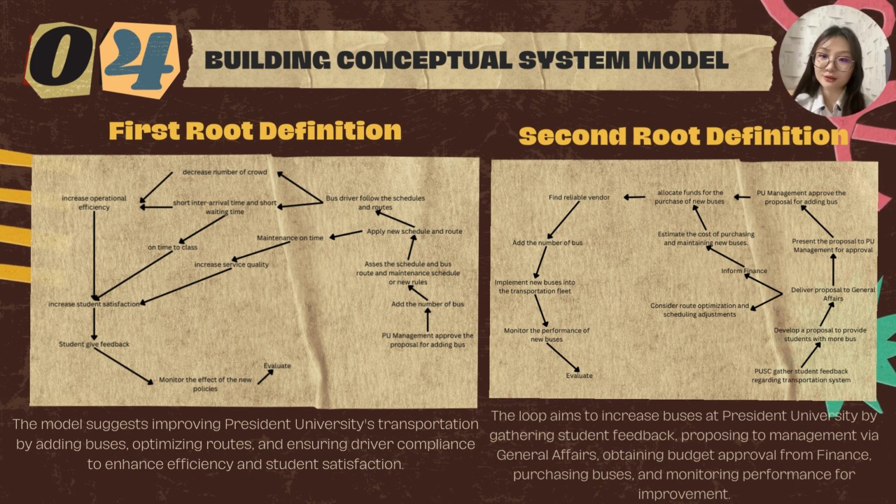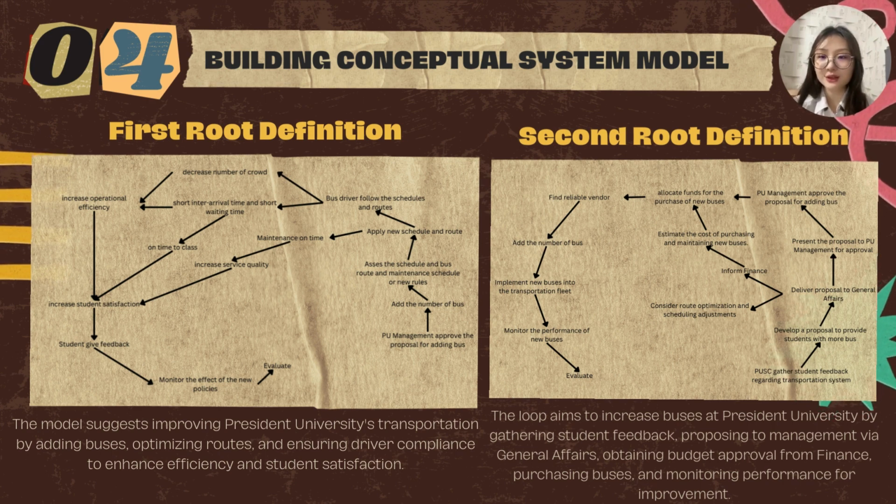Following the decision to add buses, the model emphasizes the importance of conducting a thorough evaluation of various components within the system, including schedules, bus routes, maintenance protocols, and driver regulations. Through this, stakeholders can gain valuable insights into existing weaknesses and areas for improvement.